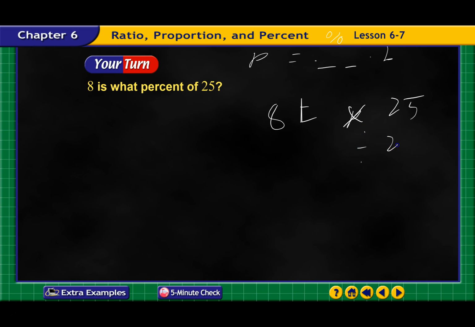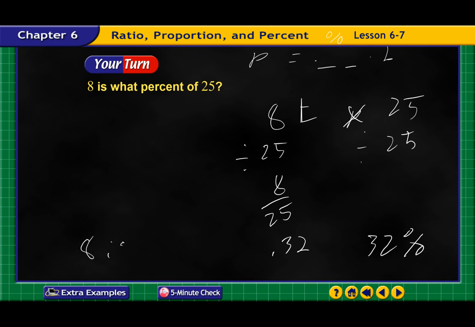And divide both sides by 25. That gives me 8 over 25, or 0.32. So that would be 32%. So I'd say 8 is 32% of 25.